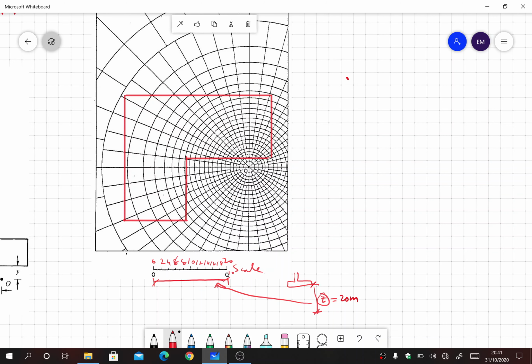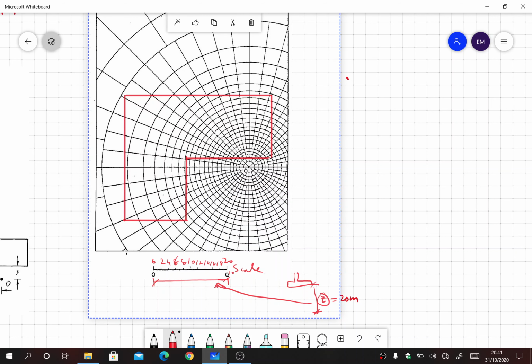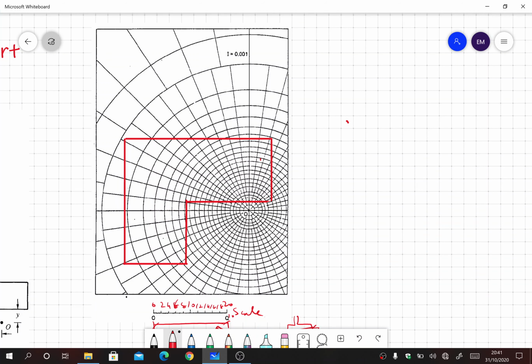Now it is very simple. I only have to calculate the number of boxes that are coming within this. So let's say this is 2, 3, 4, 5 and maybe this is 10, 18, 20. These are all boxes you have to count. This box is almost half, so I count this as 0.5.